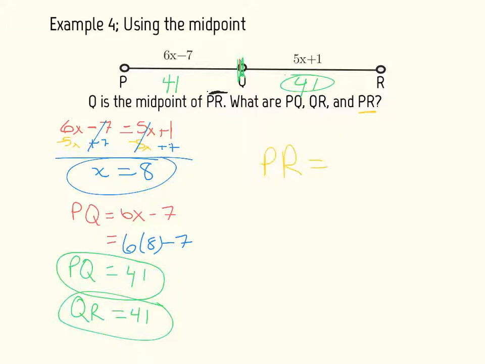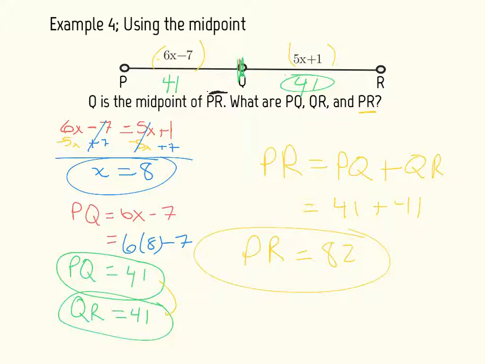You can add those together and then there's your answer, or you can actually put in 8 for the x's and then put them together. But since we already know PQ and we already know QR, we can just add those two numbers together. 41 plus 41. So that means PR is equal to 82. So you don't have to do that much more work.